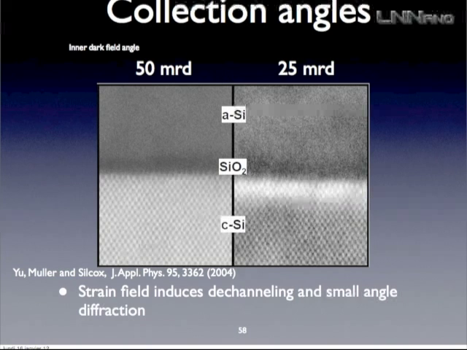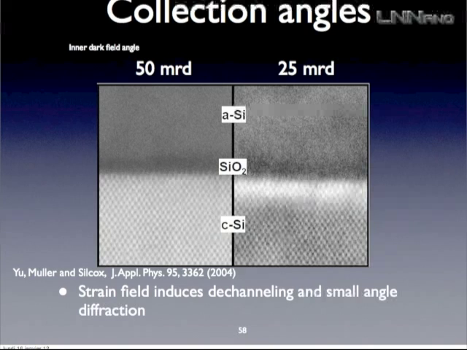Here you have an interface between crystalline silicon and amorphous silicon, and you have a small layer of silicon oxide. I can't remember exactly why they did it, maybe just as a proof test, but it's very nice. What they did is take 2 different dark field images with 2 different inner angles for their detector.